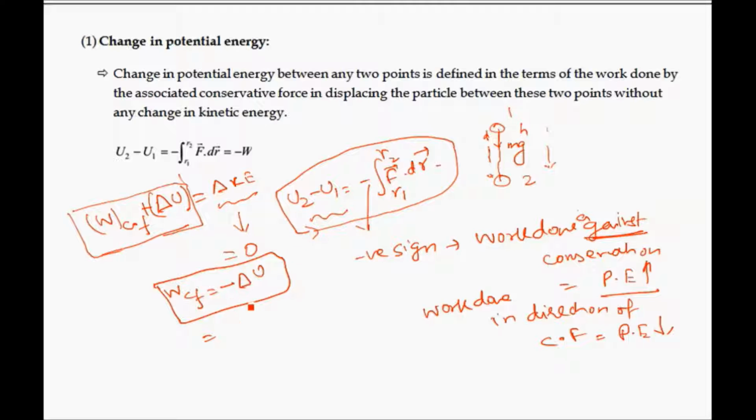Like in the case of mg, we know that it is constant, and the value is equal to minus mg into integral from r1 to r2 of dr, which is minus mg into h as per this figure. But if the force is not constant, then we have to use the concept of calculus, and this formula will be very handy at that time. That is, U2 minus U1 is equal to minus integral from r1 to r2 of Fr dr, and is equal to minus W.